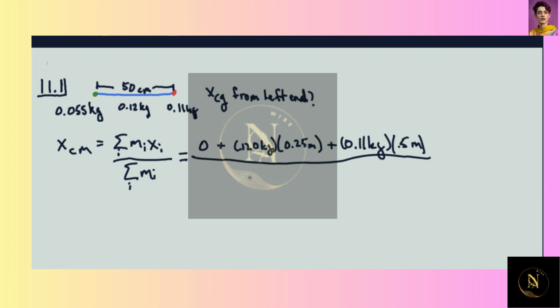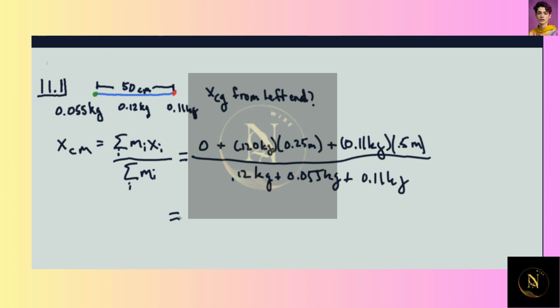And then all of this will be divided by the sum of the masses. So 0.12 kilograms plus 0.055 kilograms plus 0.11 kilograms.